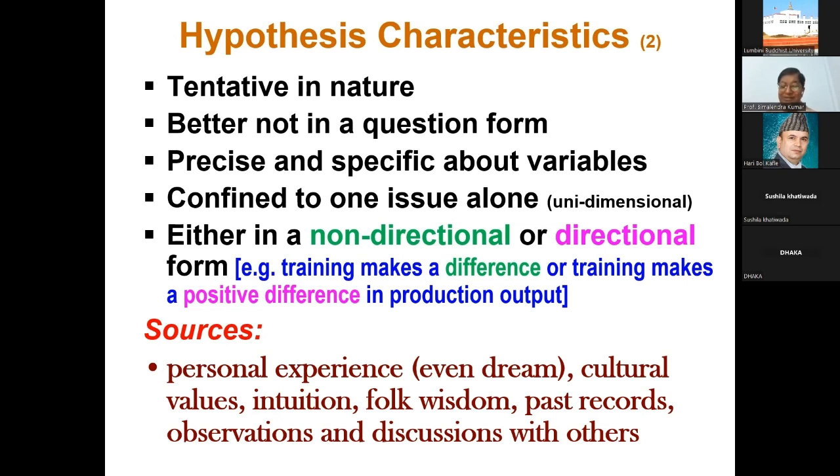How have they been discussed? How have the research questions arisen in those research papers or theses? Then, on the basis of observations and discussions with your seniors and supervisors, you can make a hypothesis.